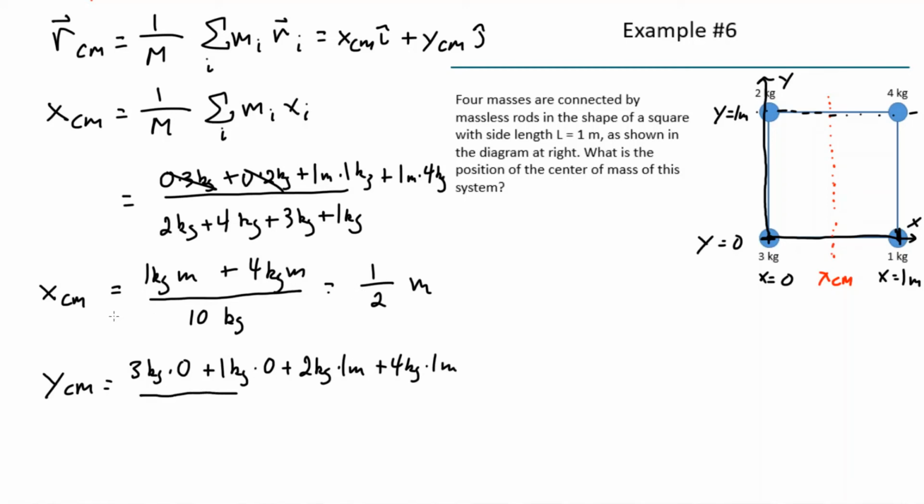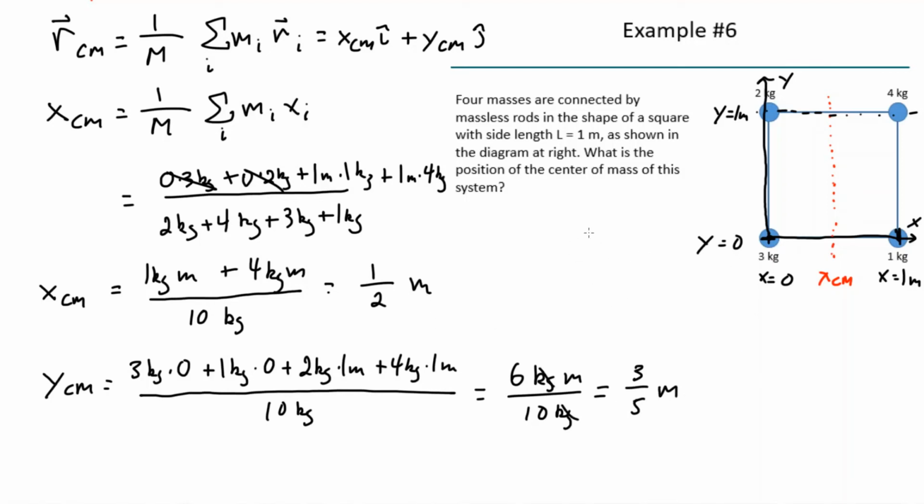And all of this will be over the total mass of the system, which I already said is 10 kilograms. This ends up giving me 6 kilogram meters over 10 kilograms, which is 6/10, that is 3/5 of a meter. Kilograms cancel.